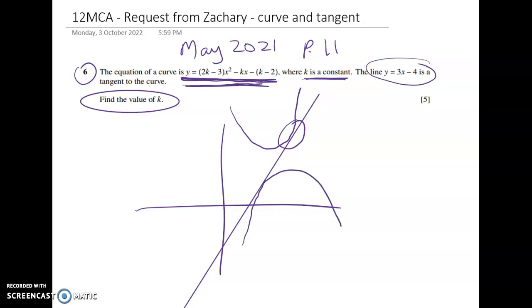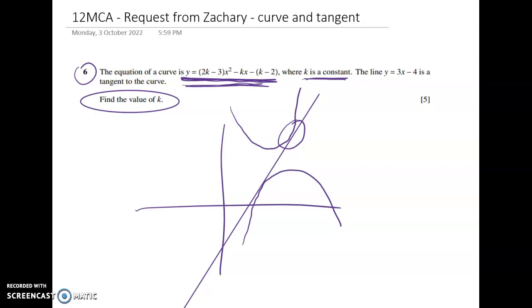But in either case, the key to this question is knowing that if it's the tangent to the curve, then if we set the y values equal, there's only going to be one solution. And that should trigger in your brains that this is actually just a discriminant problem, kind of in slightly different guise, right?